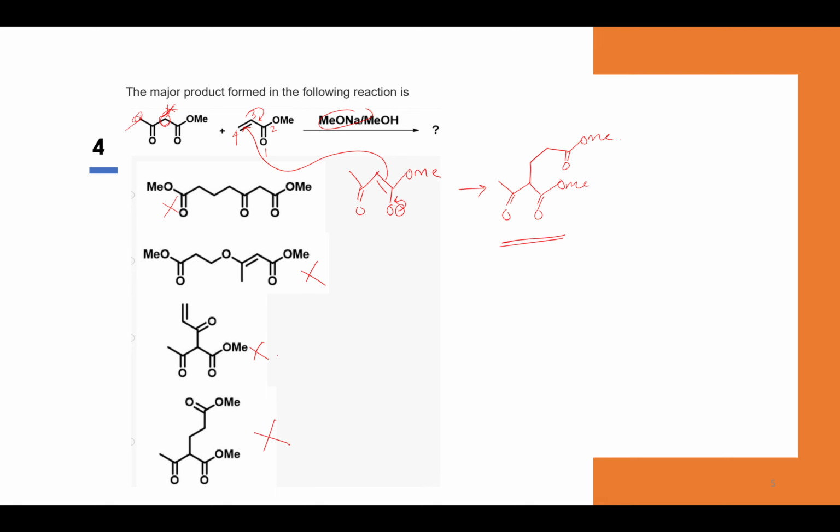So I will write here, we will get a negative charge this way, or we can write it in enol form also. In the next step, what will happen? All of you know that 1,4 addition will take place here. Michael addition, right? 1,4. So this will come here, and this double bond will attack on this carbon, and it will give you this.